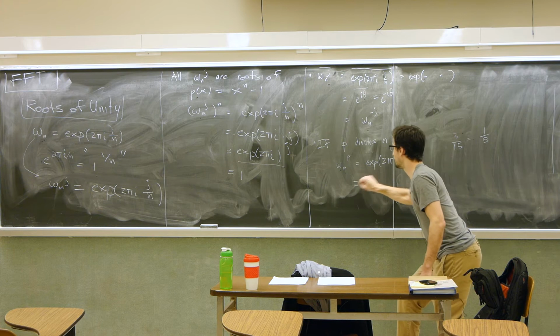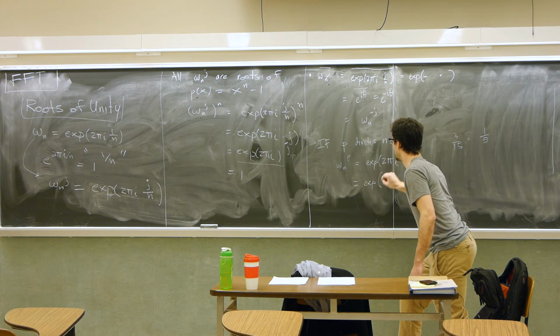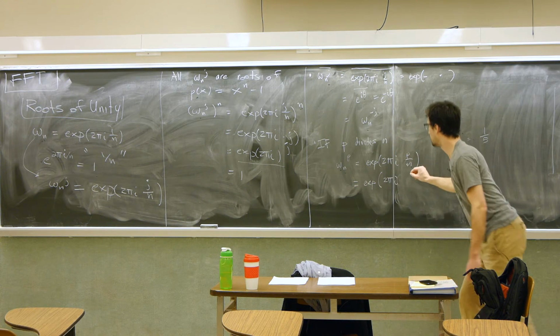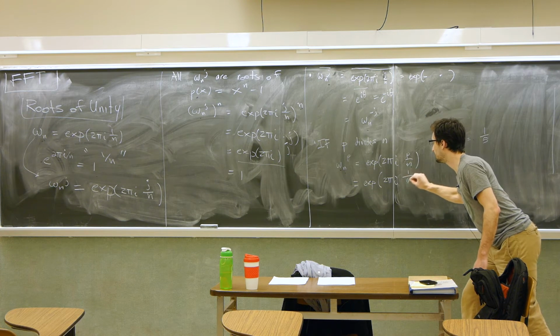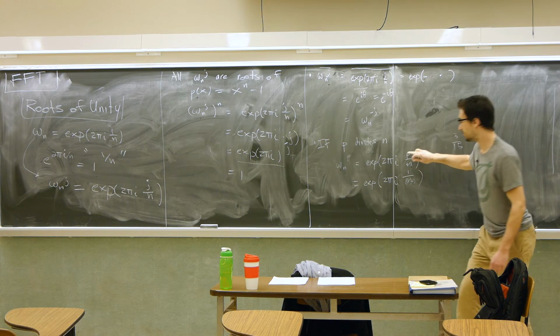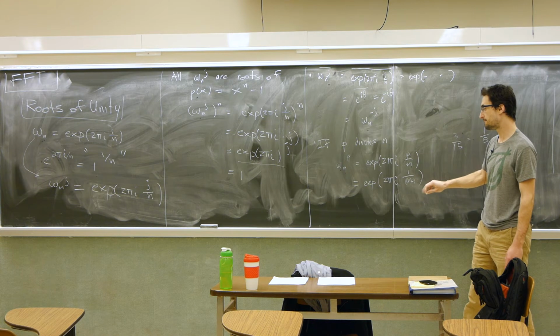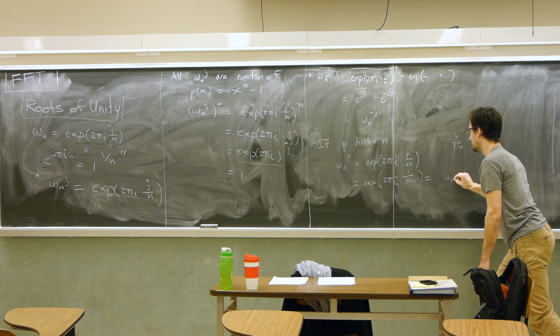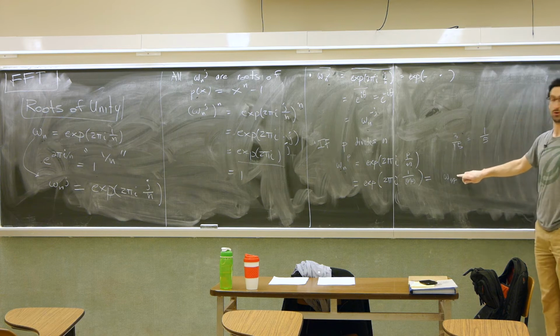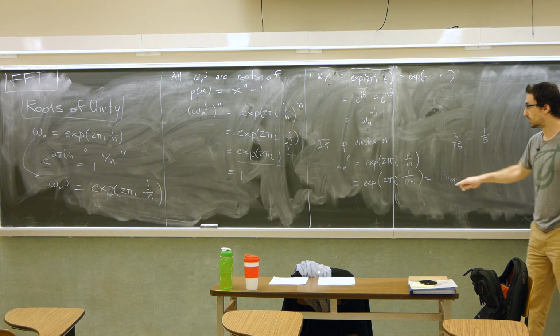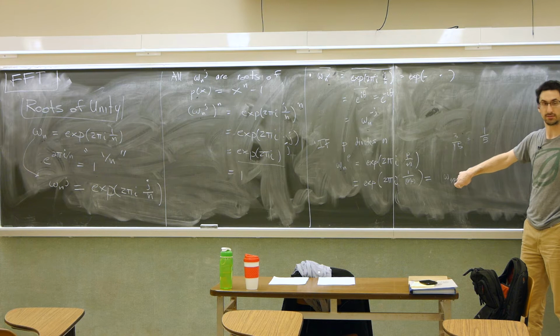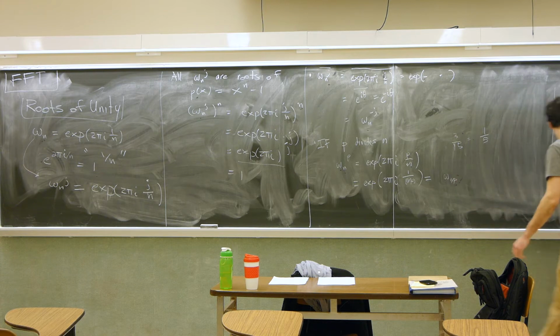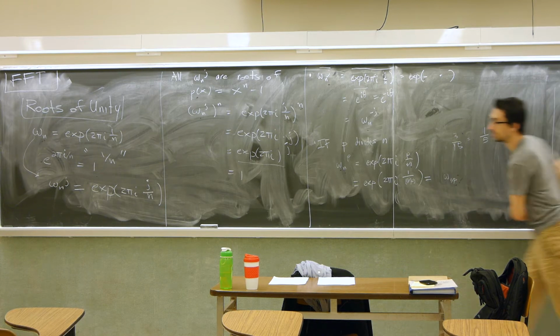And so down here, that translates into 1 over n divided by p. This fraction and this fraction are really the same. But this thing down here is the n divided by pth root of unity. And this generates all of the n divided by pth roots of unity. So those are all facts that we're going to use later on in this talk.